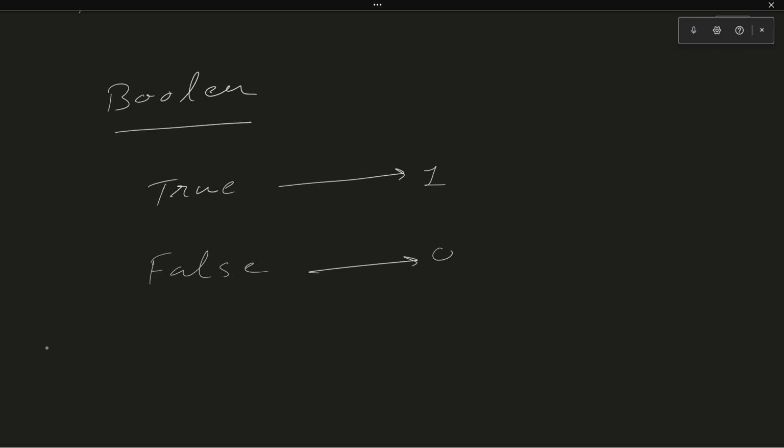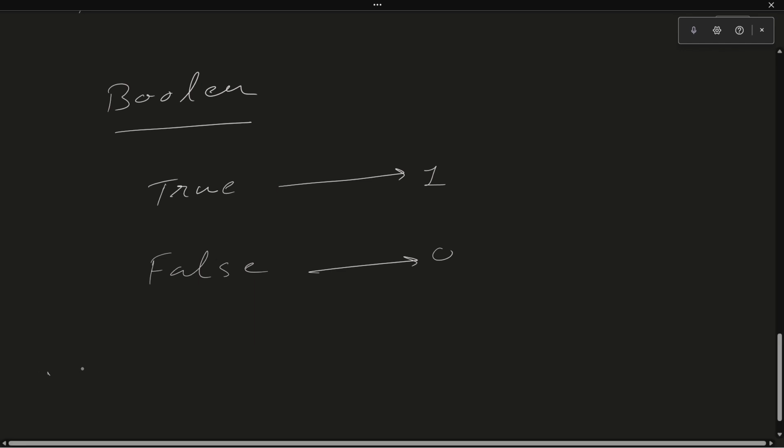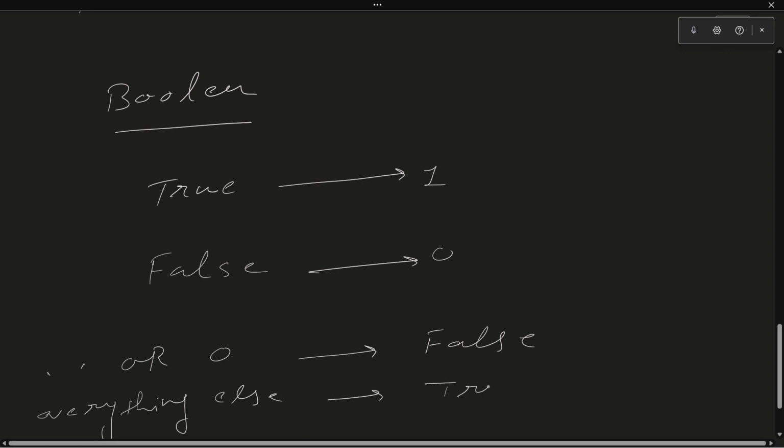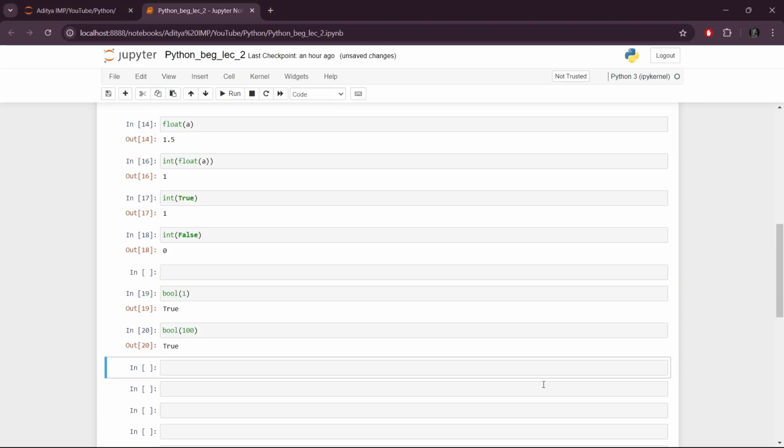So blank quotation or 0 represents false, and everything else is true. Let's take another example.